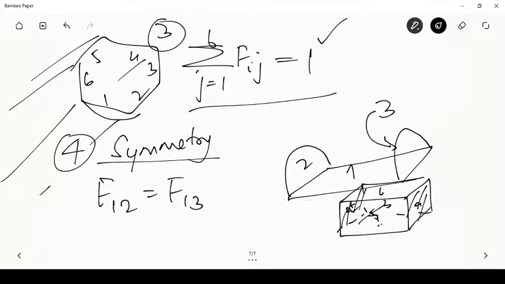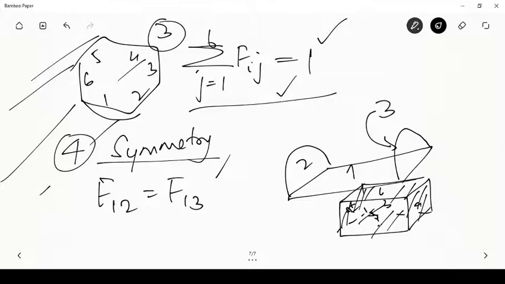Similarly, 1 to 3, 1 to 5 and 1 to 6 are symmetric, and so on. So you would be able to eliminate the need for calculating view factors of many of the cases, and we should be able to use the summation rule and the symmetry rule to find out many of these view factors. Okay, so symmetry is when the geometrically symmetric cases occur.